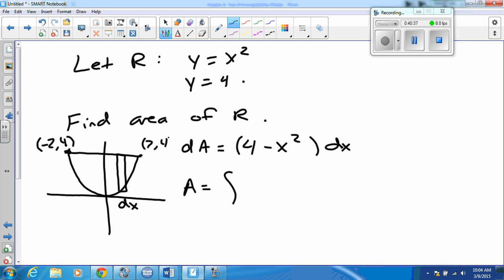So the area is going to be the integral from the first x to the last x of 4 minus x squared dx.